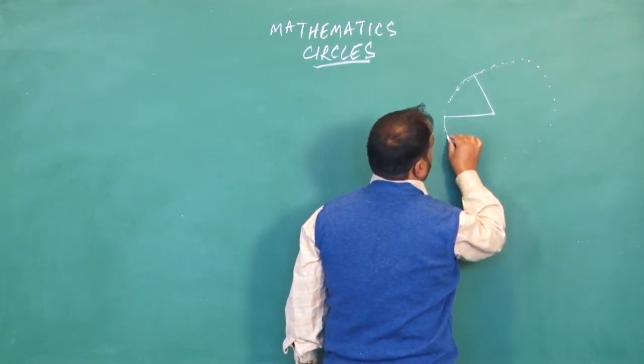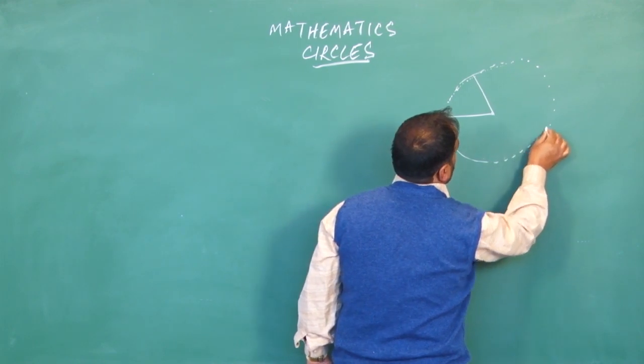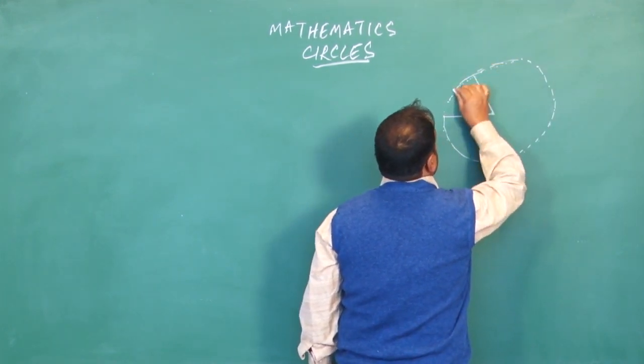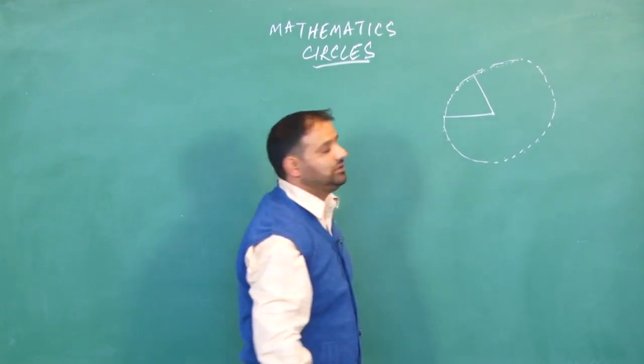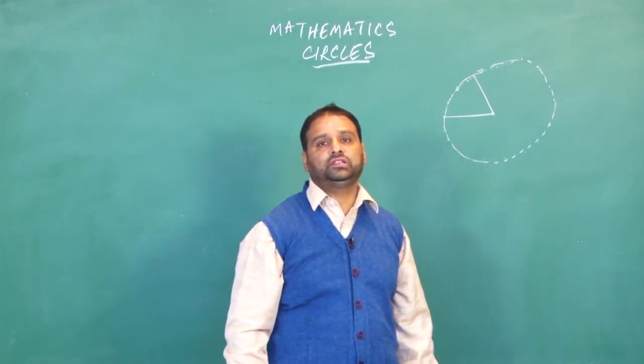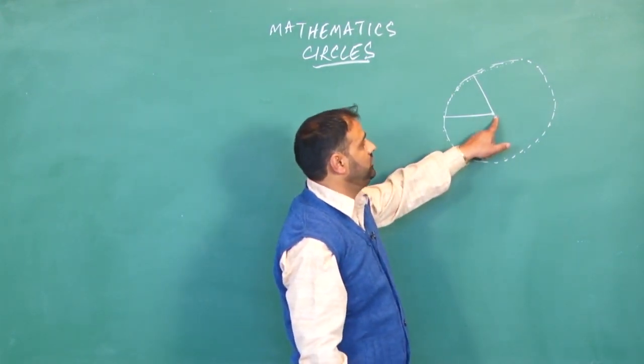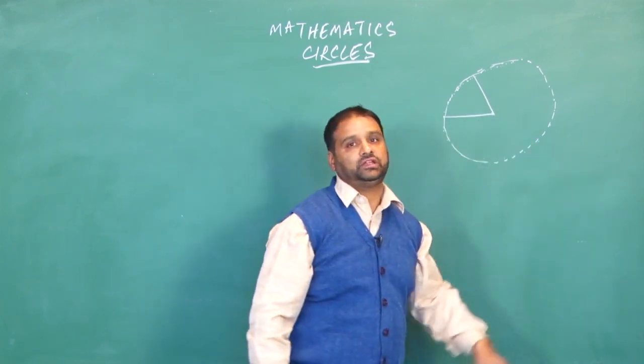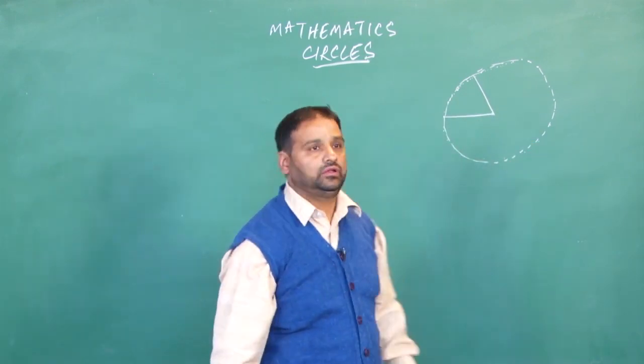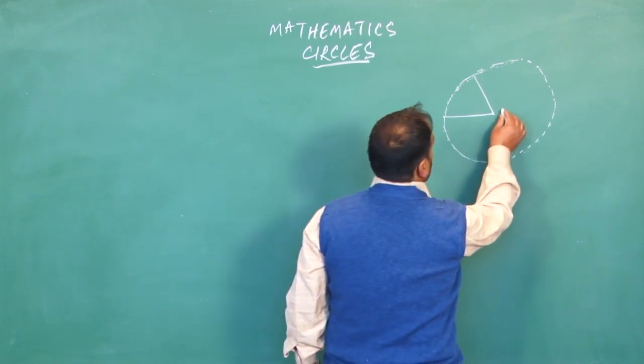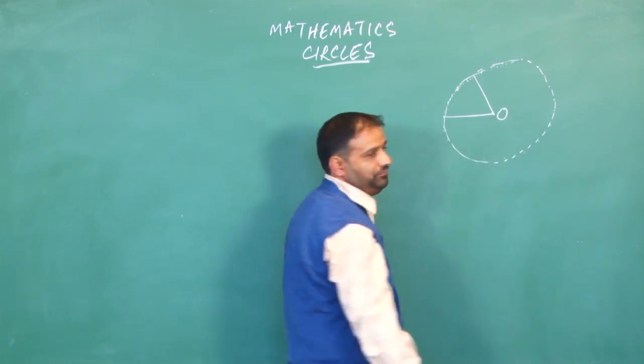The figure so obtained is called a circle. You can see this is the collection of infinite points around a fixed point, and the figure obtained is called a circle. This fixed point is called the center of the circle.